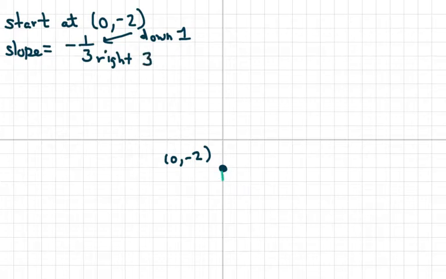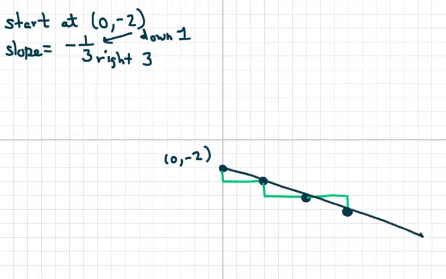So down 1, 3 to the right, plot a point. Down 1, 3 to the right, plot a point. 3 to the right, down 1, plot a point. There's my line.